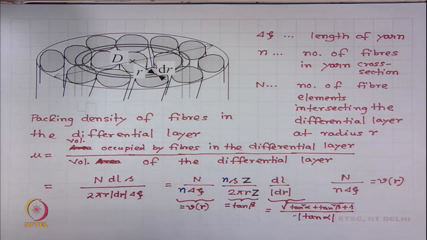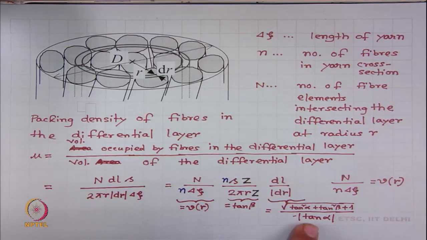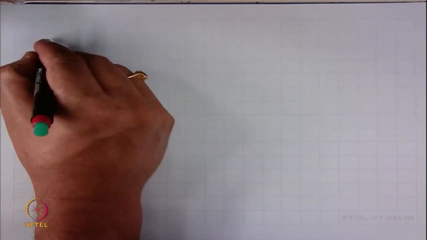Right. So, we substitute all these relations to find another form of mu. So, what will be that form?